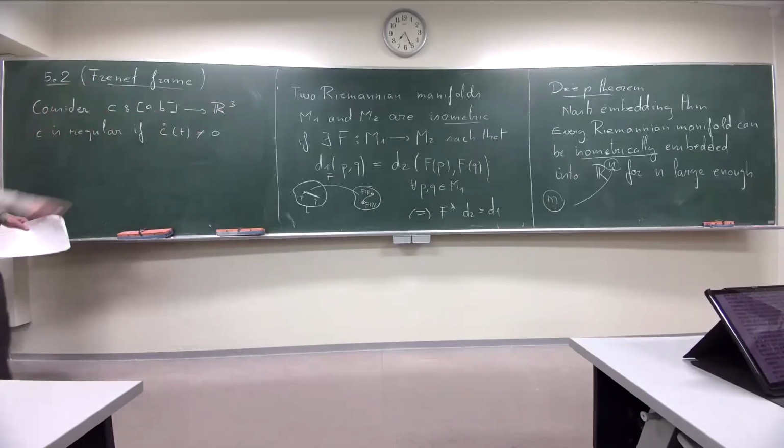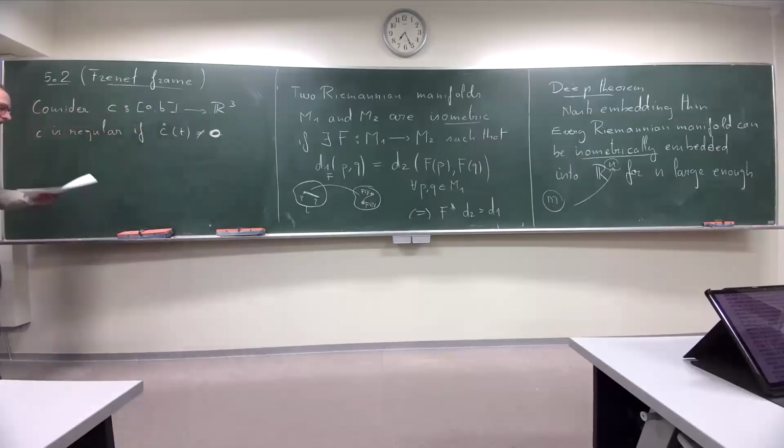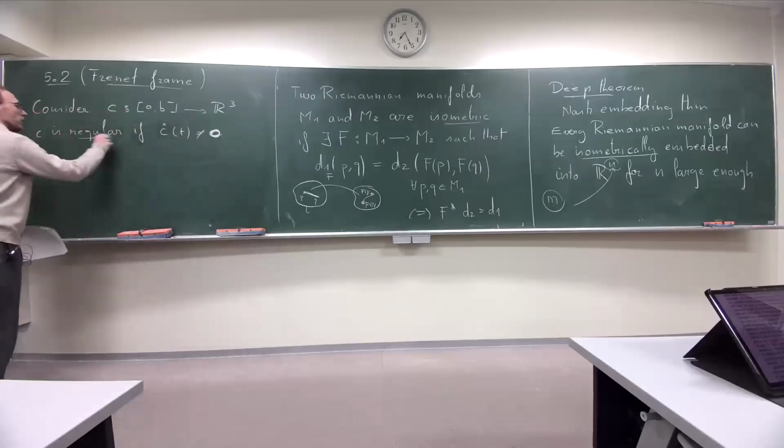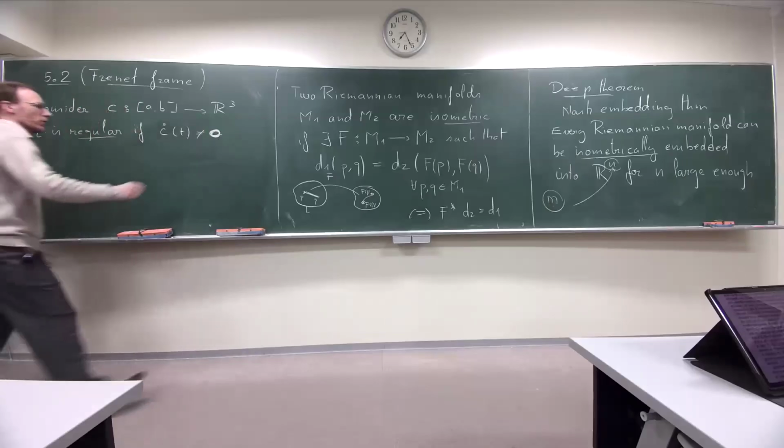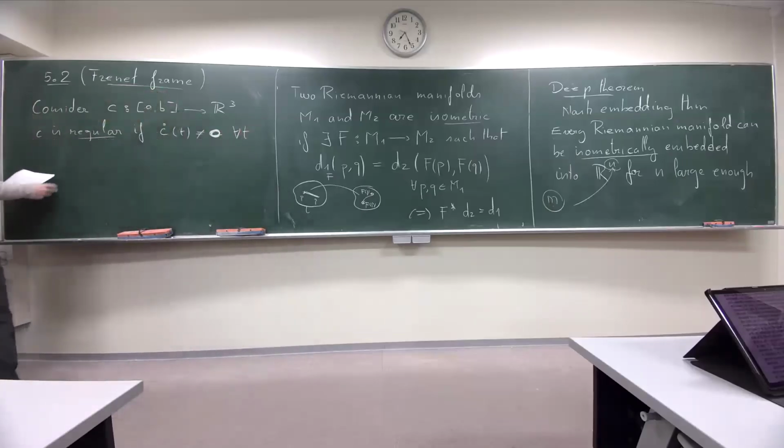There is nothing special. Be careful, this is a vector in R3. We say it's regular if it is not 0 for any t. This is important because if it is 0, it means you are going to stop at a certain point. I don't want to stop.